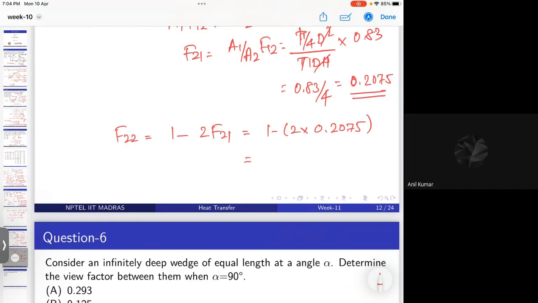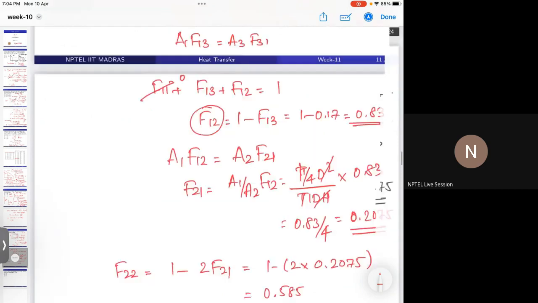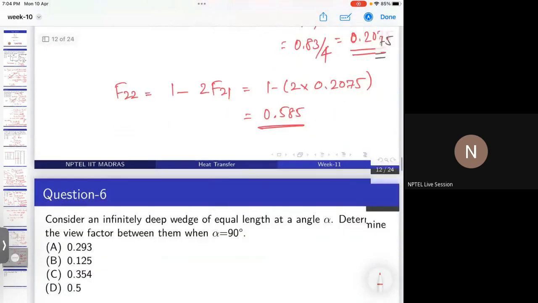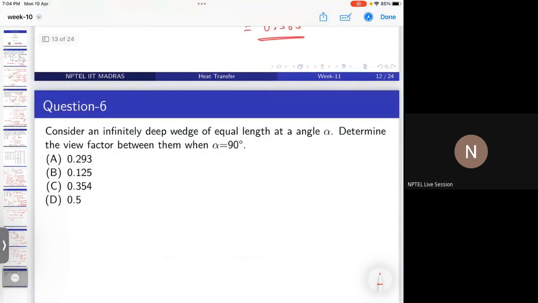It will be 0.58, I think. So this view factor finding is a mix of algebra and visualization. You have to think in which direction, if we go, we will get the view factor. So it's an interplay of the summation theorem and the reciprocity theorem.